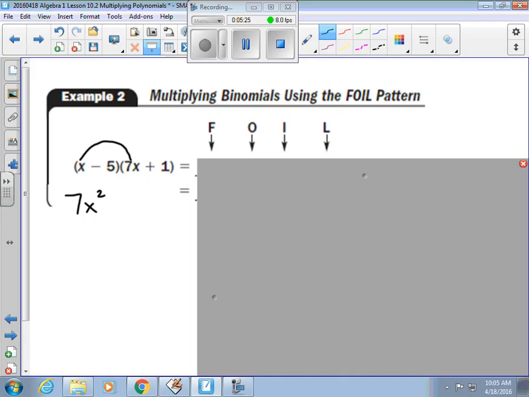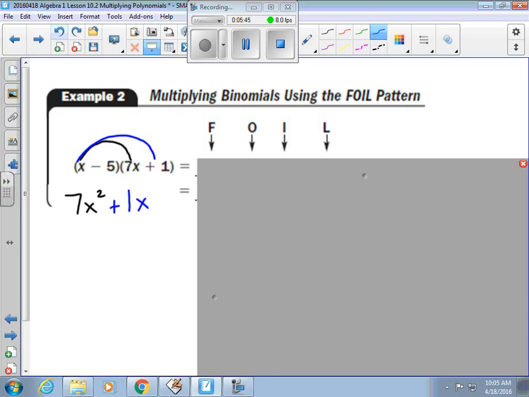O stands for the outside. Again, think of it in terms of inside the dartboard, outside the dartboard. So you multiply x times 1 to get a positive 1x. I'm going to write in the 1 just as a placeholder.